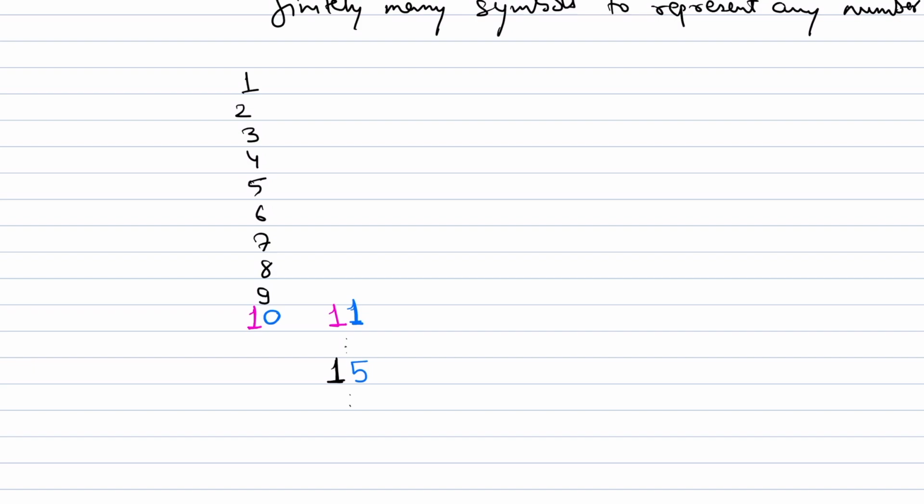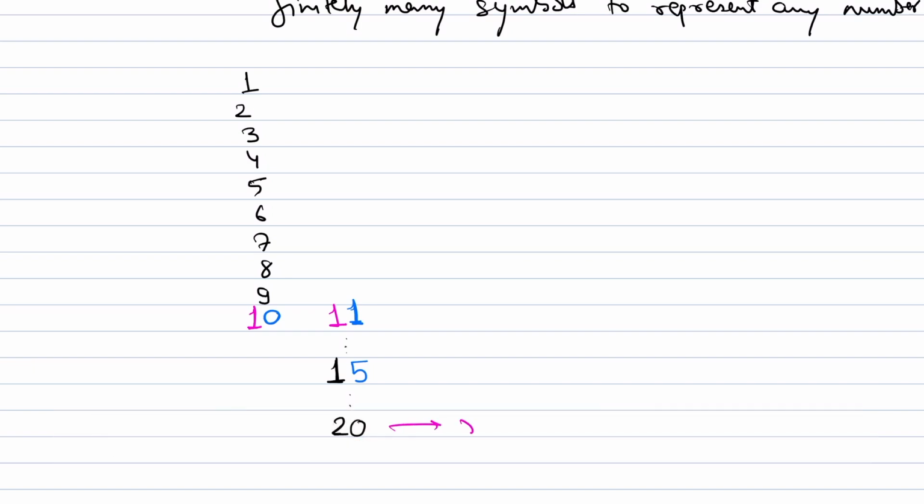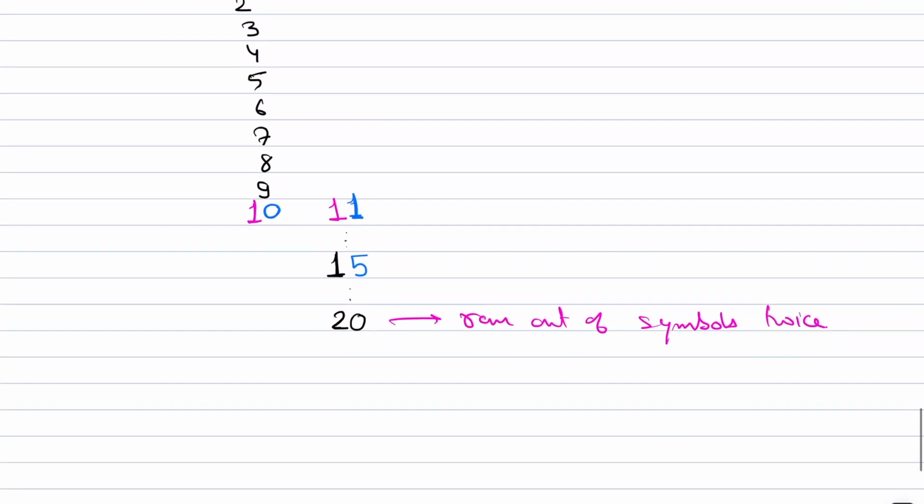Suppose I run out of symbols once more, so I have to write the symbol for 2, and then the symbol for 0. So this means I ran out of symbols twice. With the same logic I get 30, 40, 50.